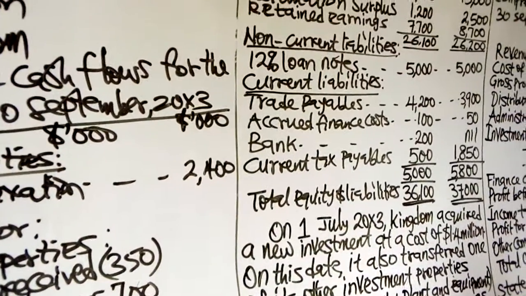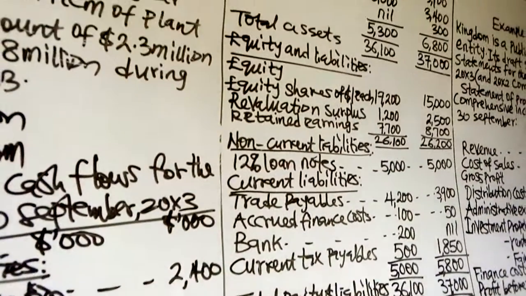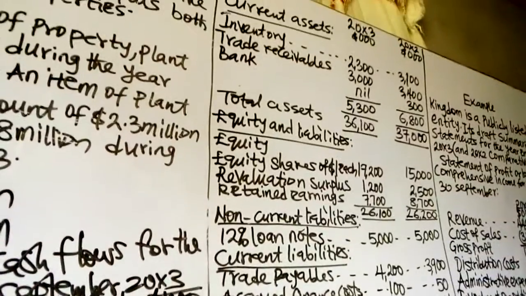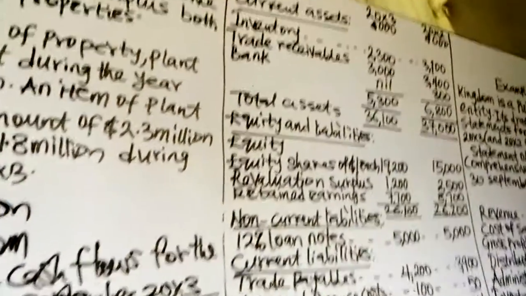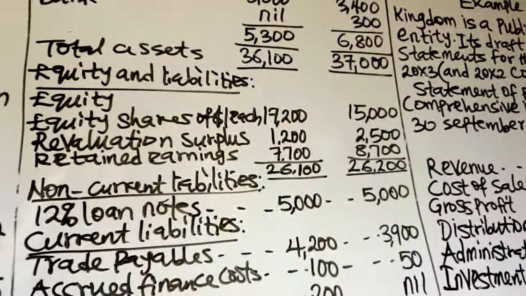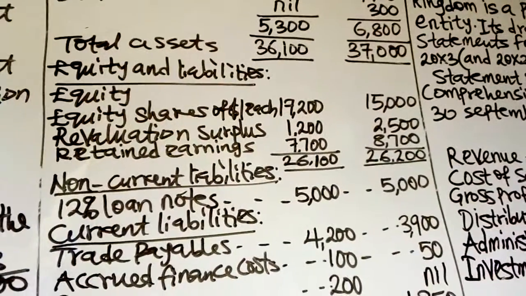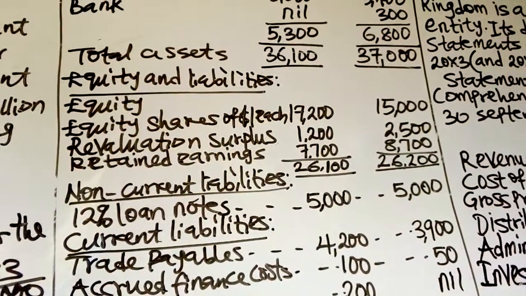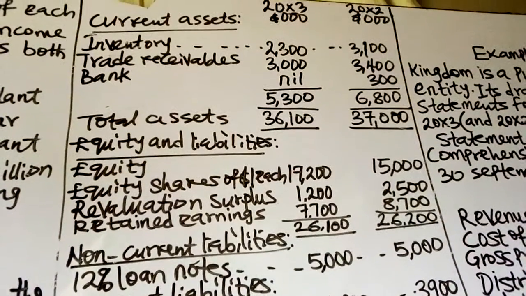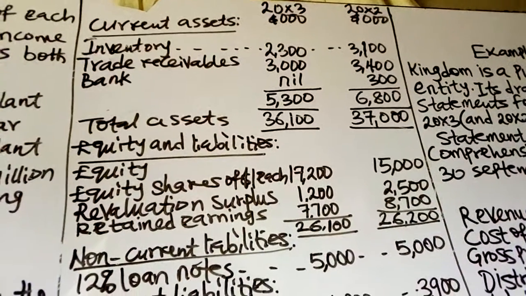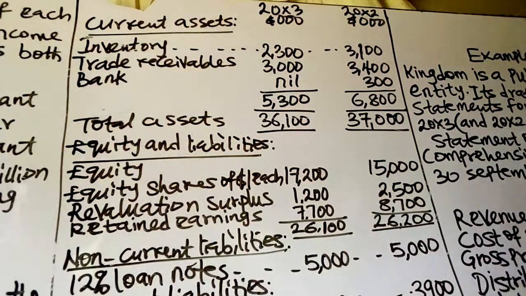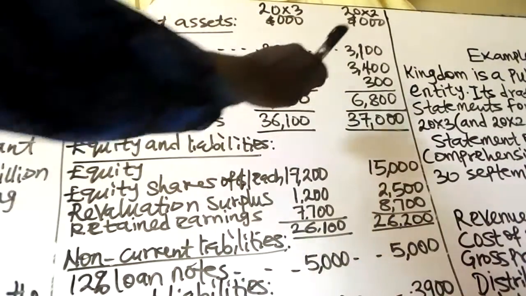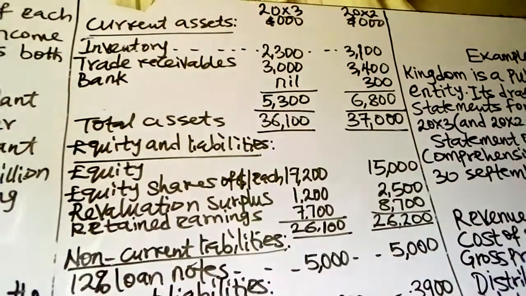As part of our current assets, you have inventory. Inventory is number one. The closing inventory is 2,300, while the opening is 3,100.